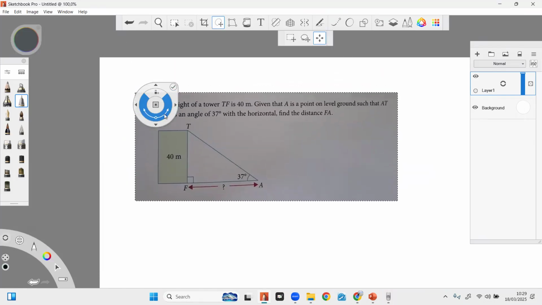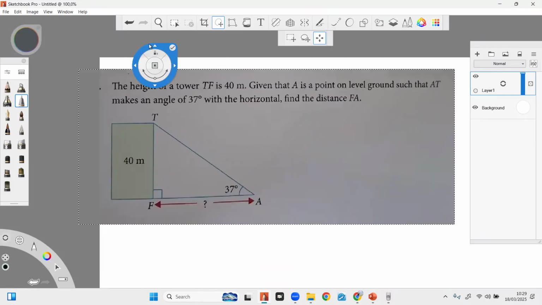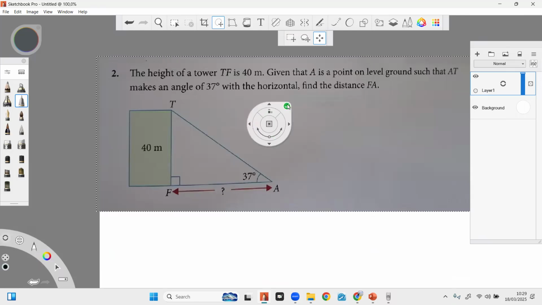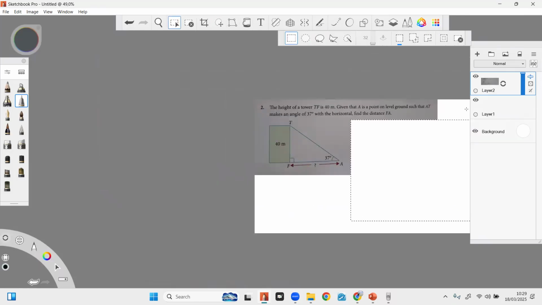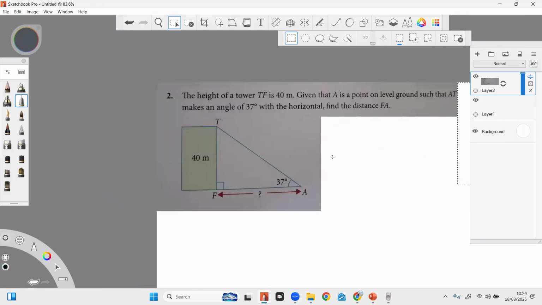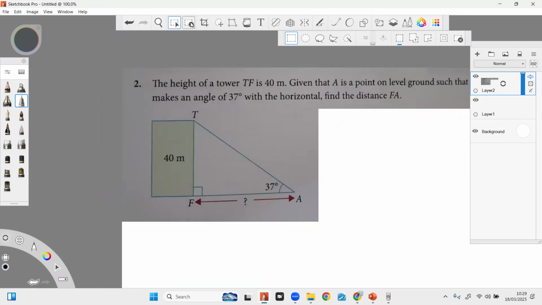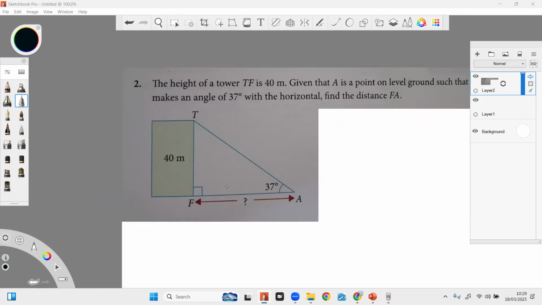So why do they give you this word problem? To ensure that you know how to use your trigonometric ratio in daily life application. It's not hard, but it's applicable. What is this, guys? Find the distance FA. Adjacent, right? What is the 40? Opposite. Tan. TOA.